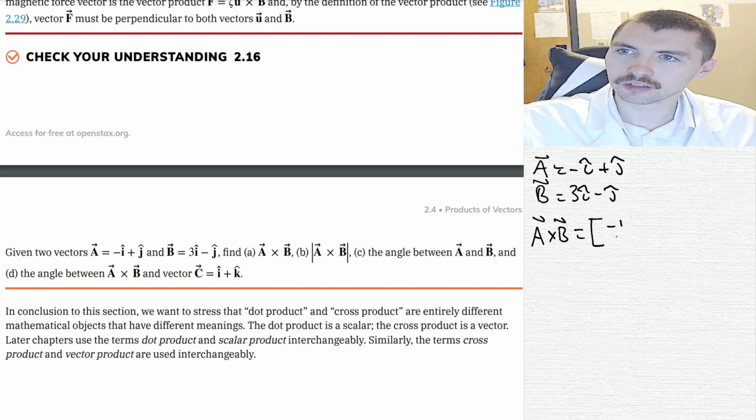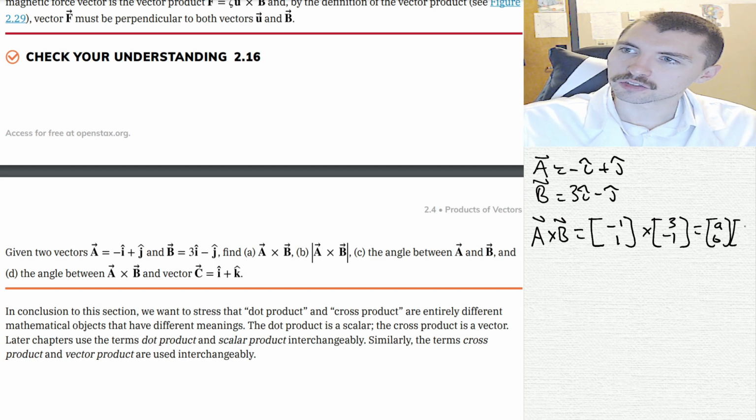Negative 1, 1 cross 3, negative 1 equals A, B, and it should be J, I.